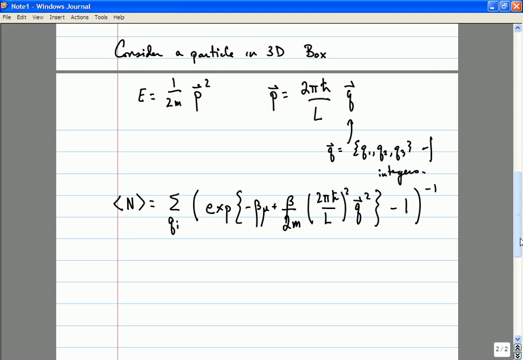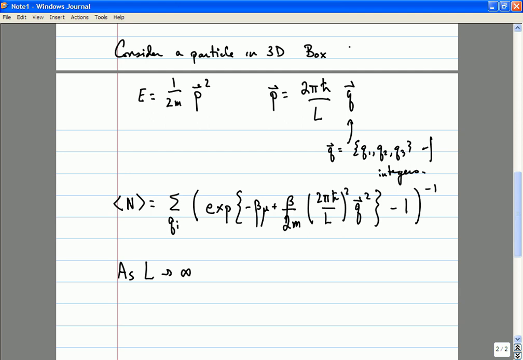Okay. So what we reduce this now to is a very complicated sum, which is actually rather difficult to do explicitly. So let's consider, however, the following simplifying case where we take the size of the box to infinity.